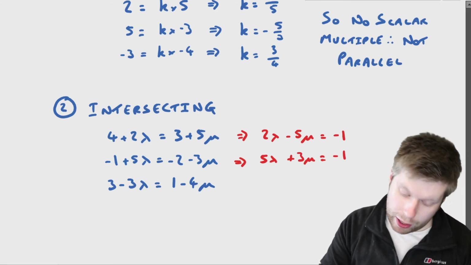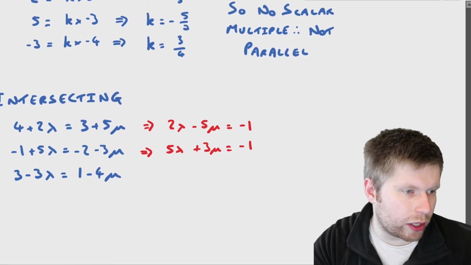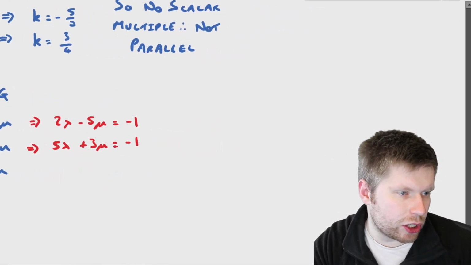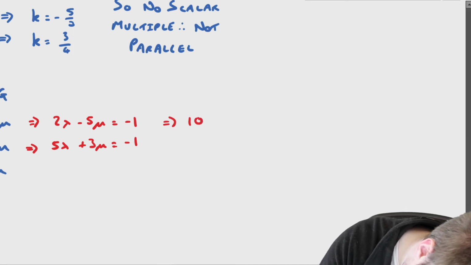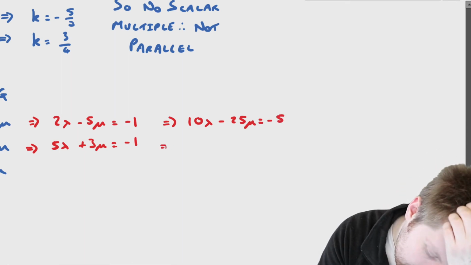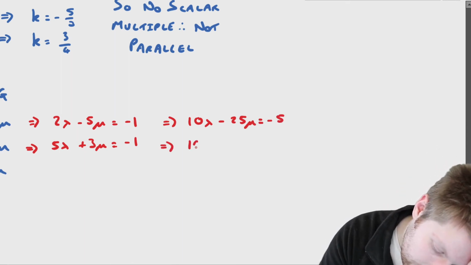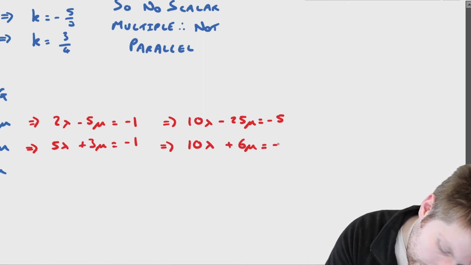So if this works, I should be able to multiply these up and do an elimination, just simultaneous equations now. I'm going to multiply the first equation by 5 to get 10 lambda minus 25 mu is equal to -5. And if I multiply the second equation by 2, I end up with 10 lambda plus 6 mu is equal to -2.